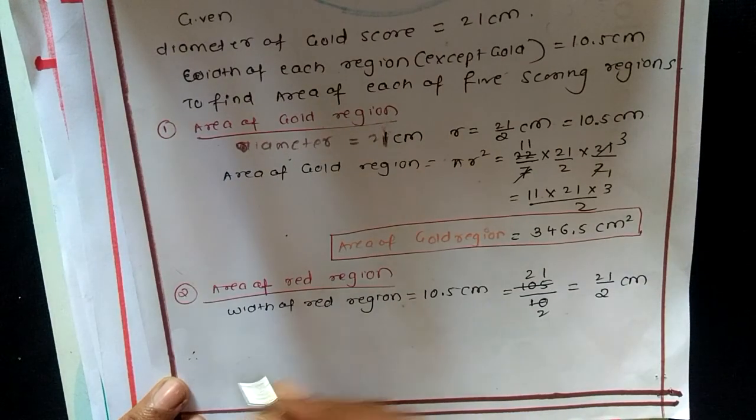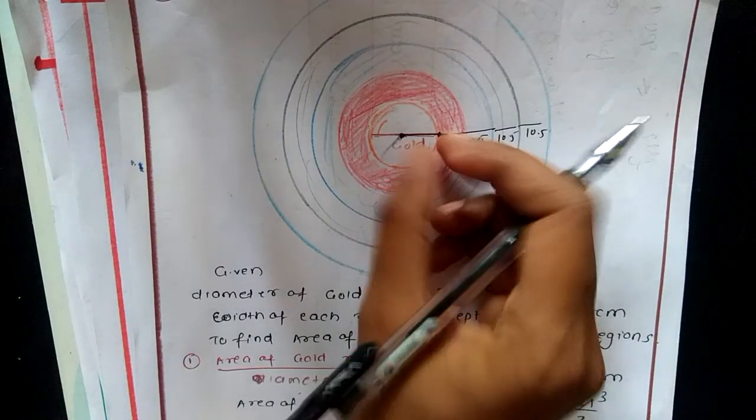Now we have to find out the radius, this radius plus this 10.5.